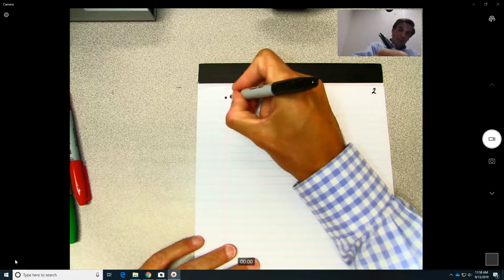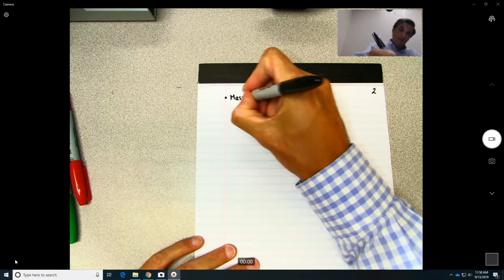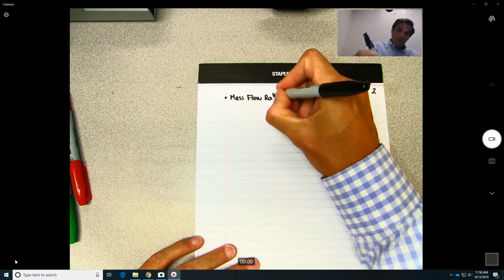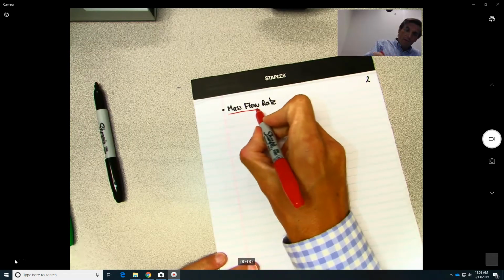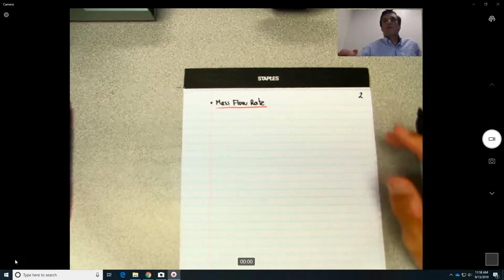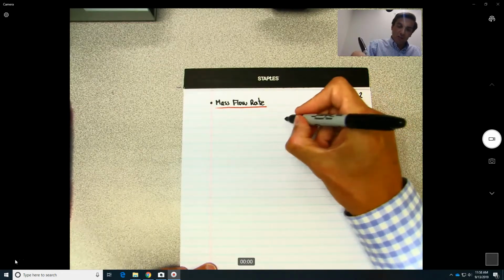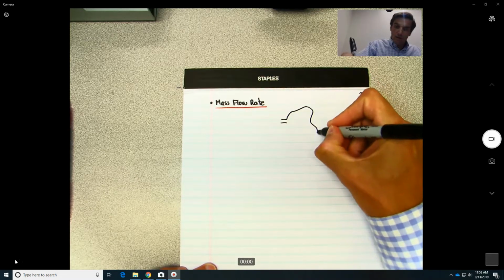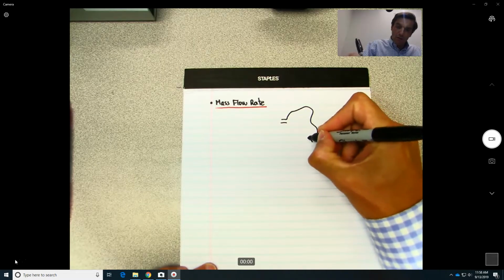So let's look at the mass flow rate. This is basically very similar, but it helps for the understanding. Imagine we have a random volume.